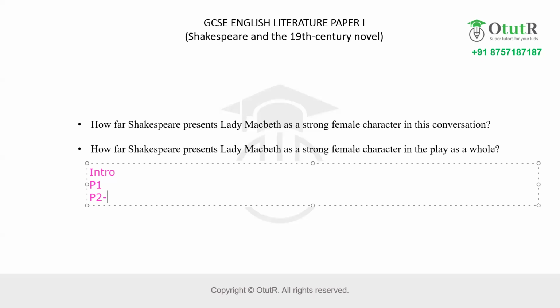But here you can also talk about the contemporary audience, the audience in the Jacobean society. You can talk about the great chain of being and how the view that they held about witchcraft and gender would position Lady Macbeth as terrifying and unnatural.